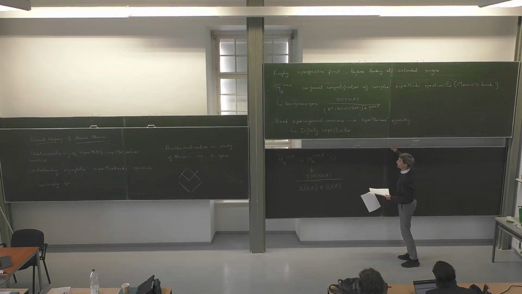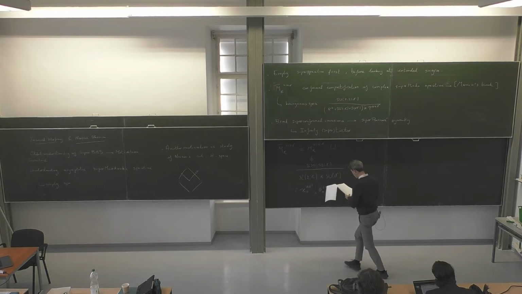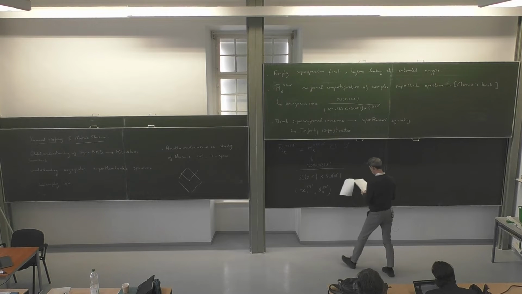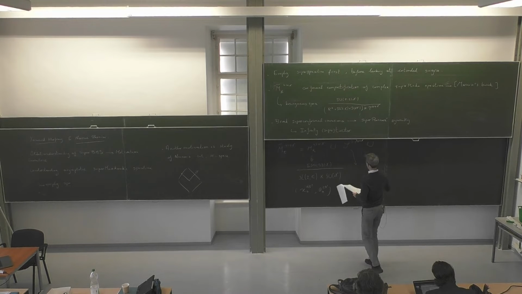Coordinates on that space can be given. A given point, let's say x naught, theta naught, will be given like this. Then we have what we were mostly interested in, which is the supersymmetric generalization of scri, of null infinity, which is again a homogeneous space.